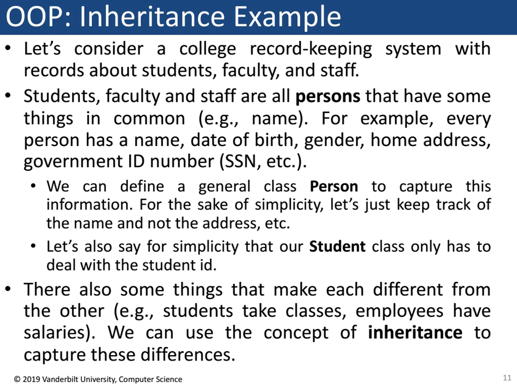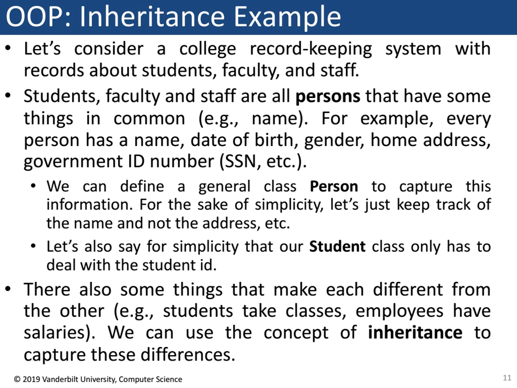So rather than setting about trying to code the idea of a student and building the student class, first we can define a general class called person, and then we can define the difference between a person in general and a student, or a person in general and a faculty member.